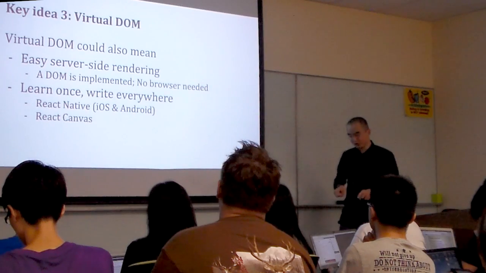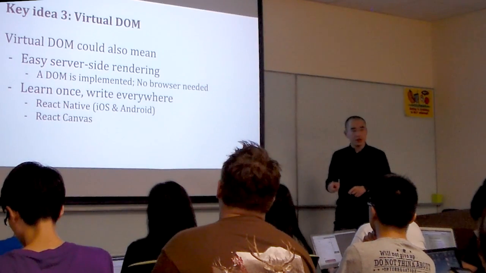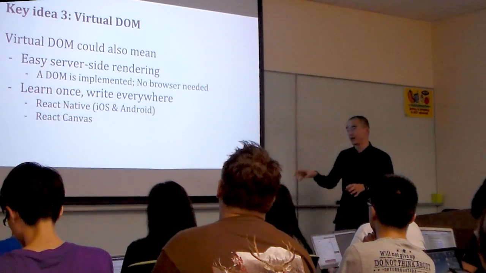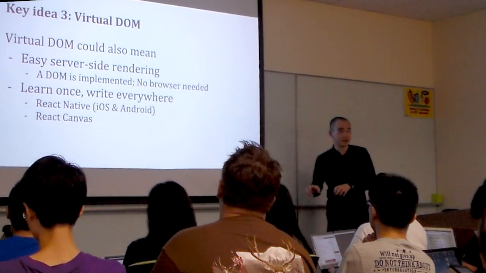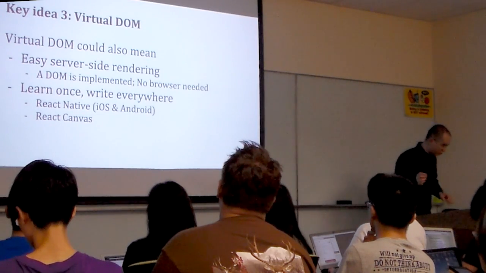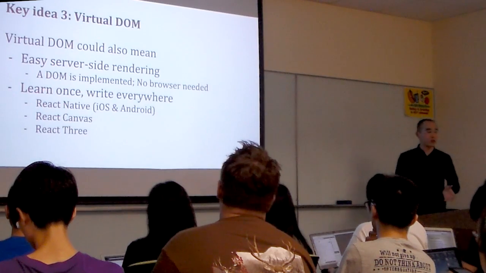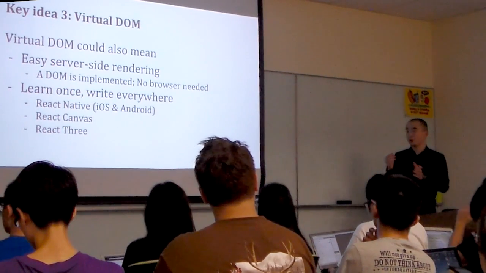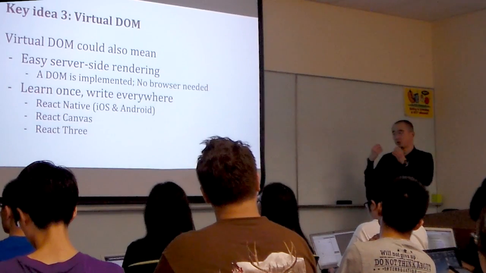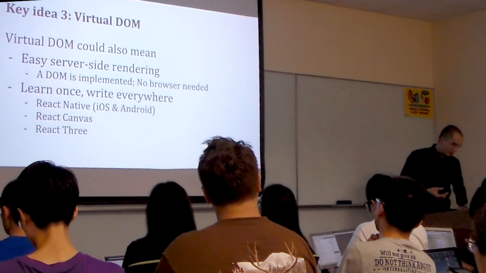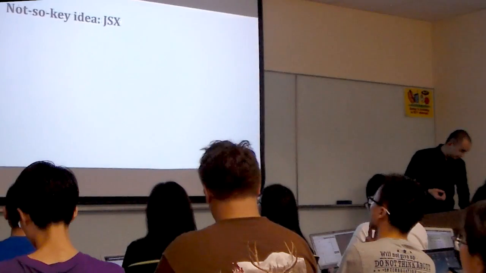It creates a canvas in your browser, and everything that you write in React Canvas gets rendered onto that canvas only, with no other DOM manipulations. And there is React 3, which is about React. You write React and you render it onto a 3D canvas.